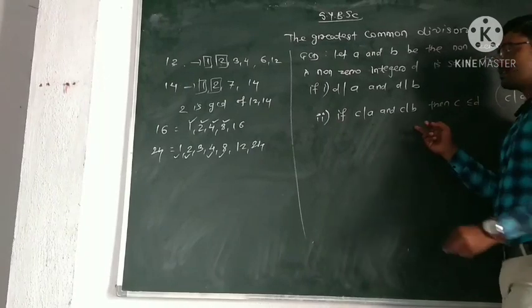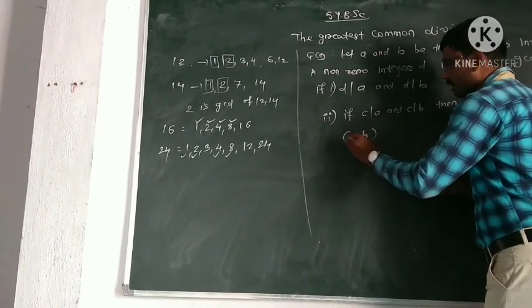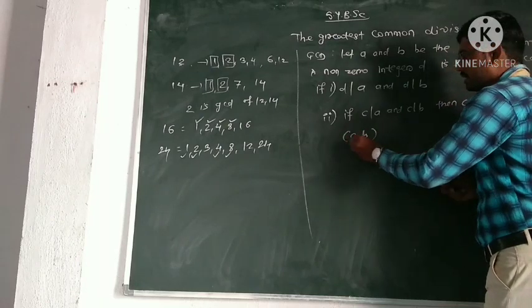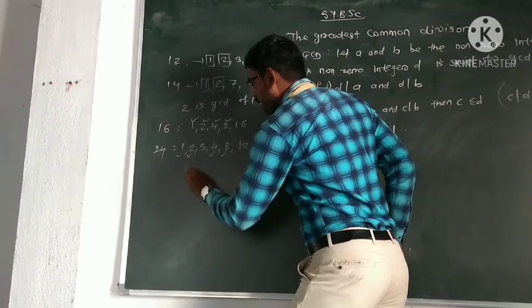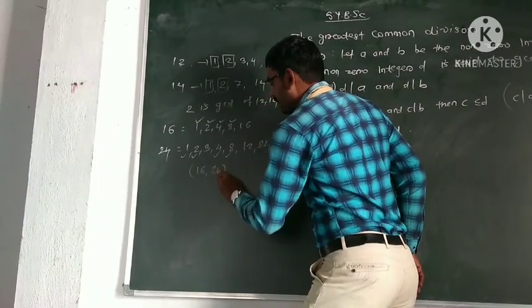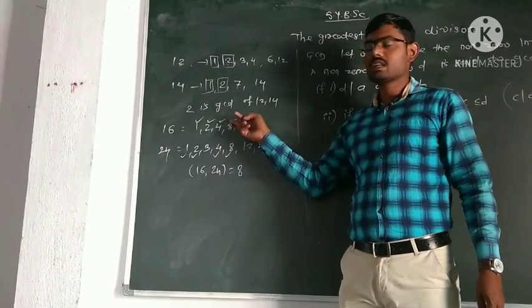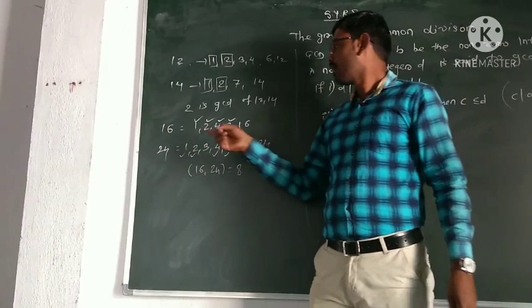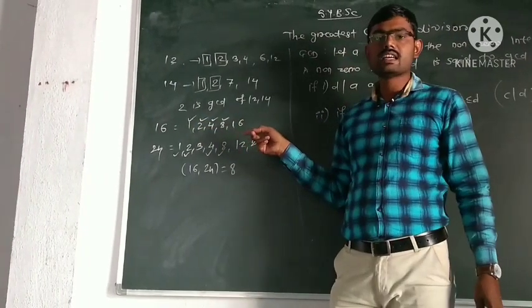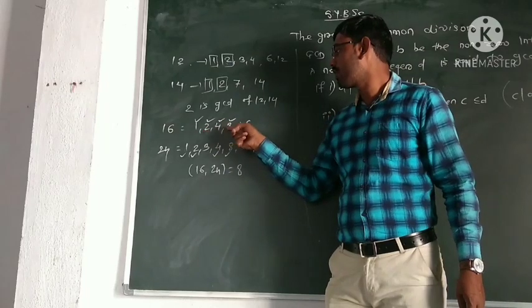We write GCD of A and B, these brackets mean GCD of A and B is equal to, say, D. So here GCD of 16 and 24 is equal to 8. Now see here, 8 is the greatest common divisor, because the other common divisors 1, 2 and 4 are always less than 8. And the other common divisors, 1 divides 8, 2 divides 8, 4 divides 8.